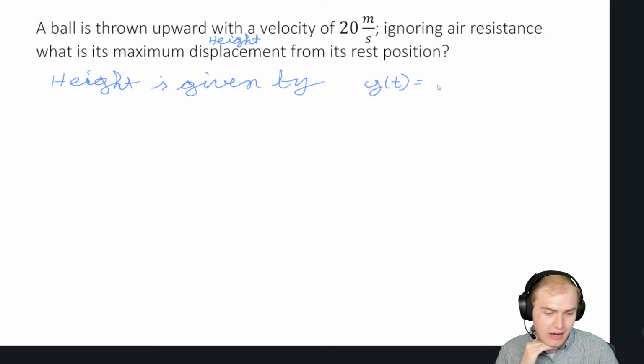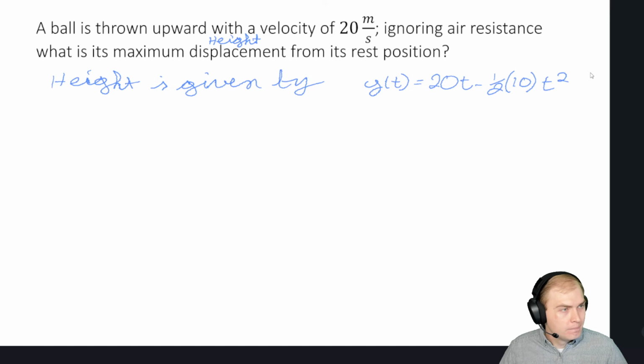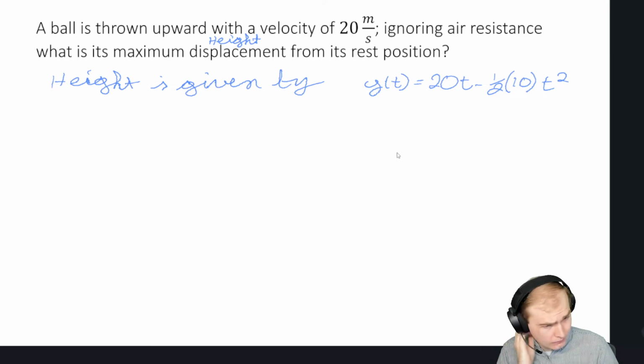Starting, if we call it at rest 0, it has 20 meters per second upwards minus 1/2 times, I'm just going to approximate g as 10, 10 being g, the acceleration due to gravity. We want to find its maximum height.